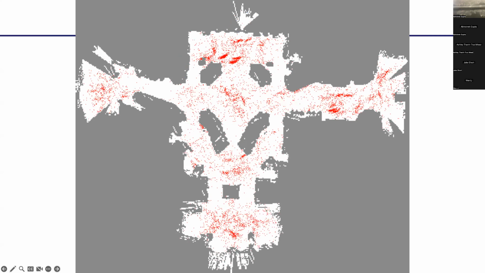Because it's not unique, right? Plausibly, a position here could have generated those things. So imagine you set your robot here and send out a laser scan. Those measurements and the measurements up there are not that different. So it's not about the position of the laser scan, it's about the pattern of laser readings that you get.